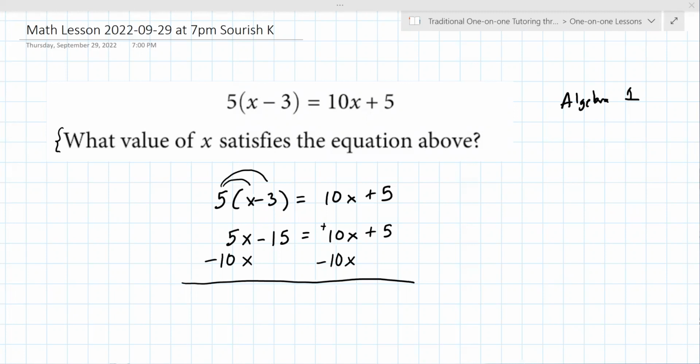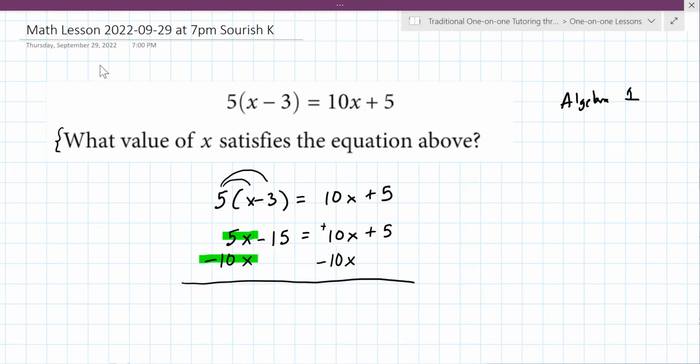Okay, writing it down. Minus 10x, minus 10x. So you have to be able to figure out what is 5x minus 10x. This is one of those math facts.